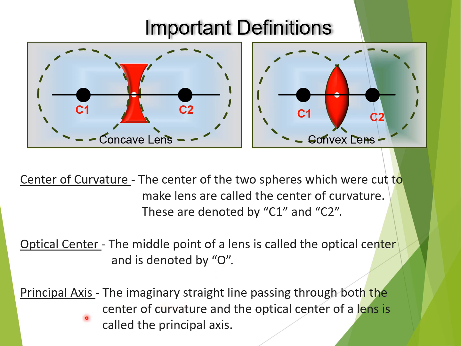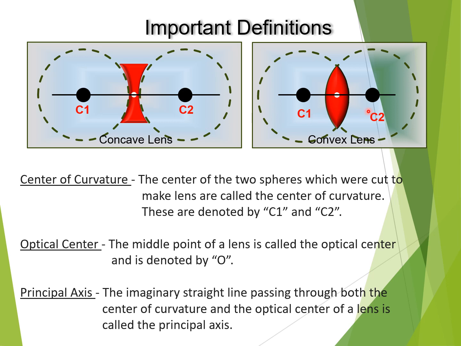Another important term is the principal axis. Friends, it is the imaginary straight line passing through both the centers of curvature and the optical center. You can see here, this is the line which is passing through C1, C2, both the centers of curvature, and the optical center.